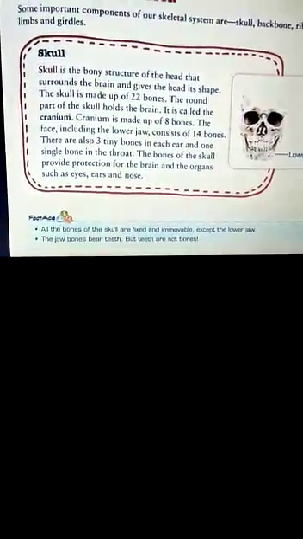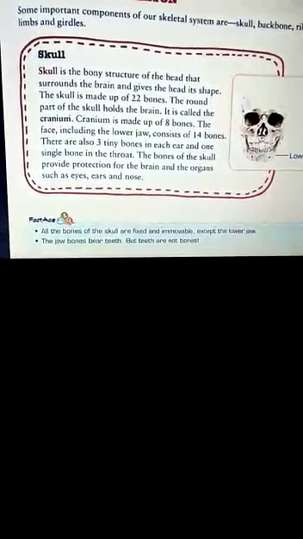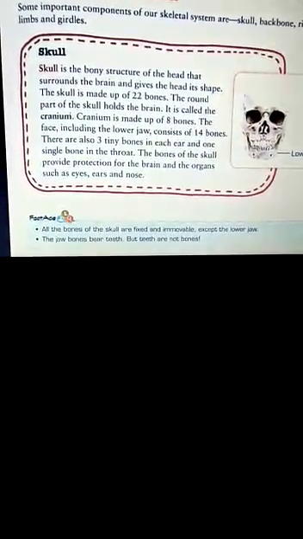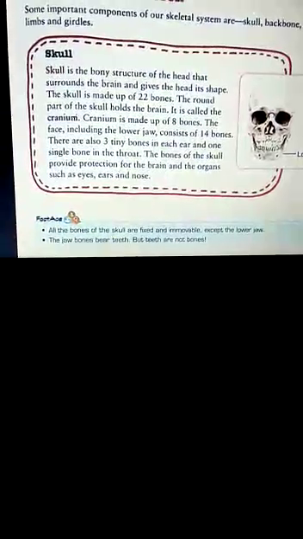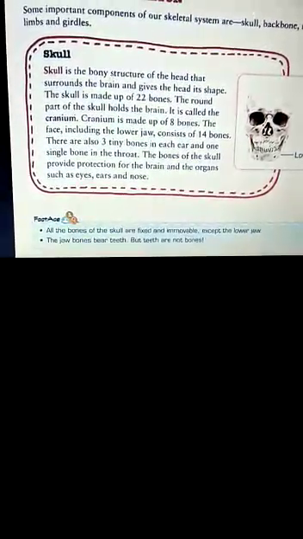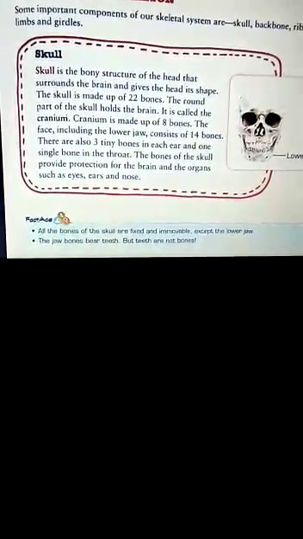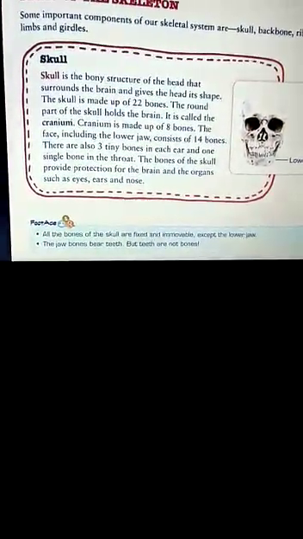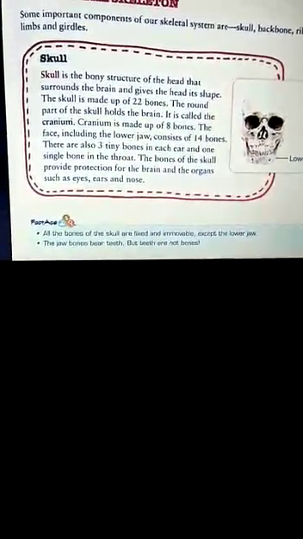So the skull is made up of 22 bones. Out of these, 8 bones cover and protect the brain. The remaining 14 bones make up the face. So out of 22 bones, only the lower jaw bone is movable, and all the other bones of the skull are immovable. So what is the function of the skull?